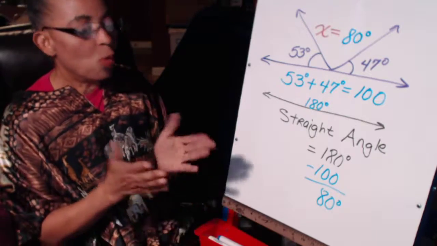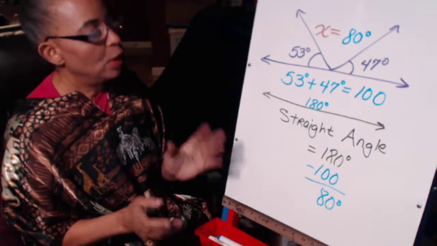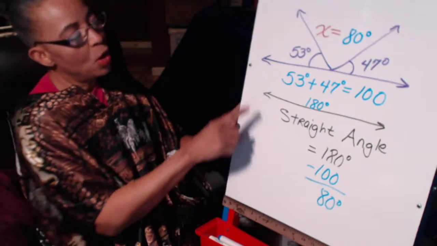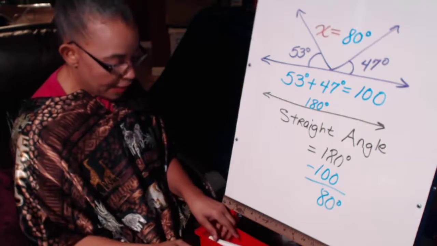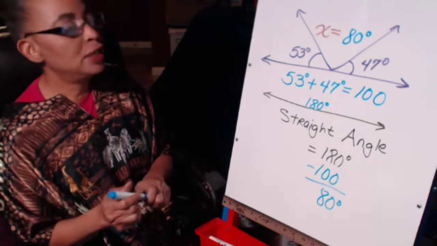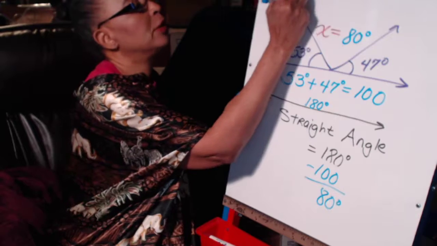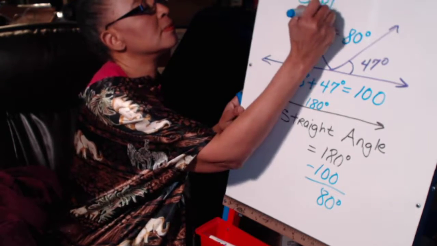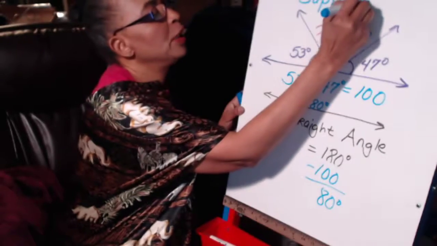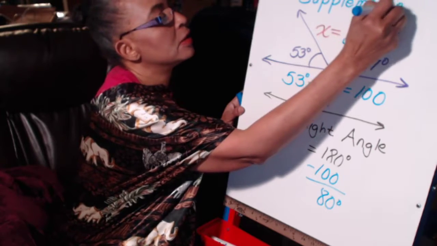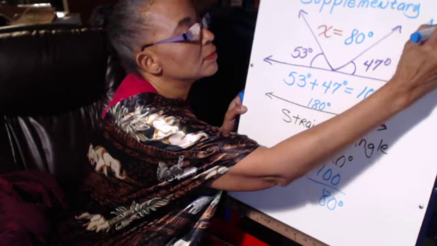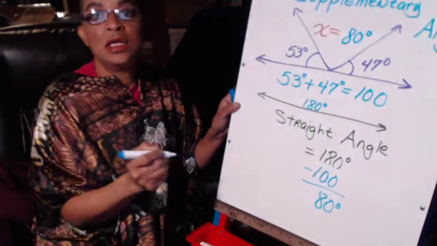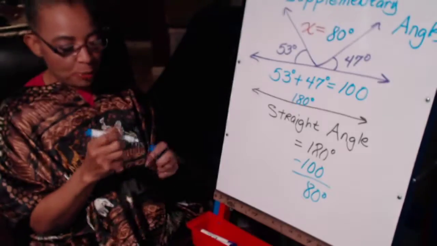Now, why is that helpful? Well, let's look at something. We dealt with something that was 180 degrees, and your textbook will call that supplementary angles. So why is it calling it supplementary angles?